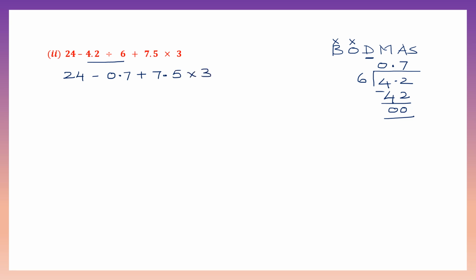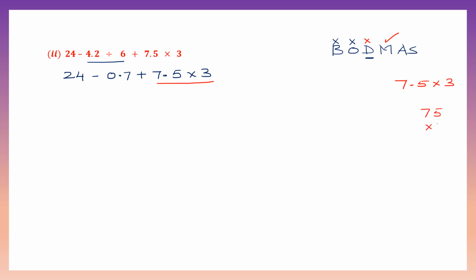So now let's go back to BODMAS and see what we have to do after division. So we finished division. So the next one is multiplication. So let's do multiplication, that is 7.5 into 3. Let's ignore the point and multiply 75 into 3. 3 5s are 15, carry 1. 3 7s are 21 plus 1, 22.